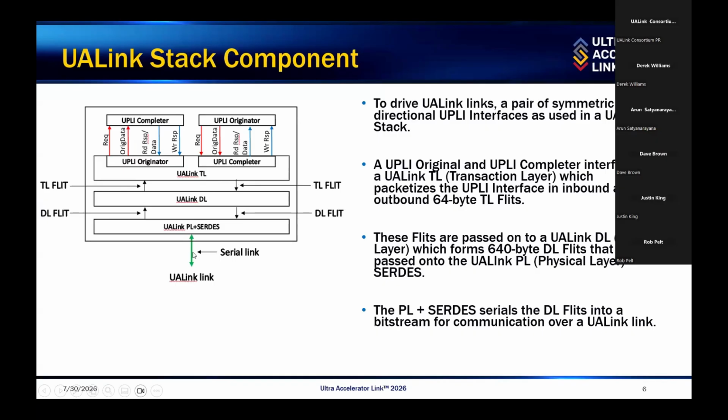Obviously, the same set of steps happens in reverse for the inbound traffic. The SERDES creates a 640-byte DL flit, goes to DL, creates 64-byte TL flits that are then unpacked and pushed onto these interfaces as the request and the write data channel to the completer and the responses to the originator.